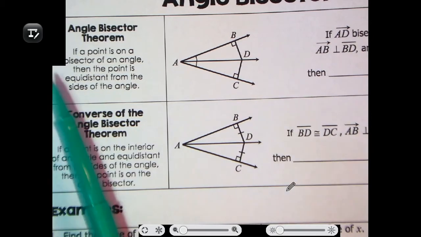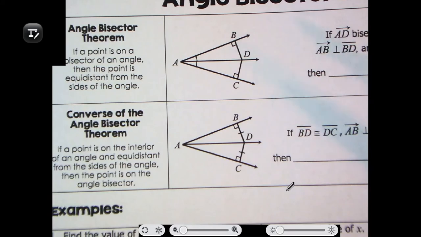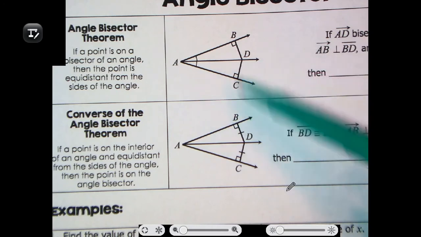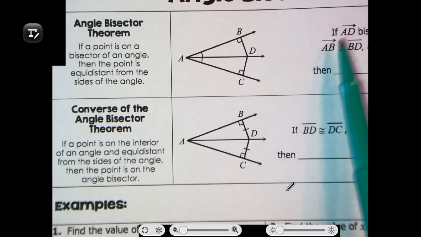So the first one says, angle bisector theorem: if a point is on a bisector of an angle, then the point is equidistant from the sides of the angle. Here we're calling this ray AD.